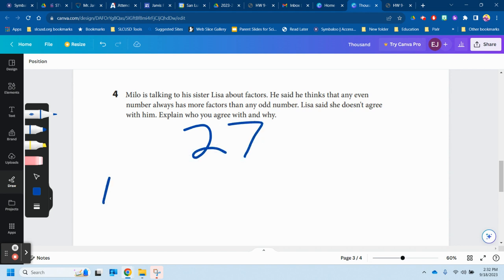So 27, we have 1 times 27 is 27. It's not divisible by 2, but we do have 3 times 9 is 27. Okay, so it doesn't always hold true. So with smaller numbers, yeah, but not always.